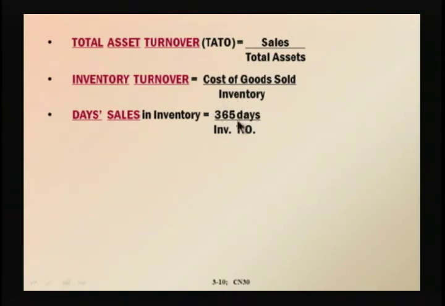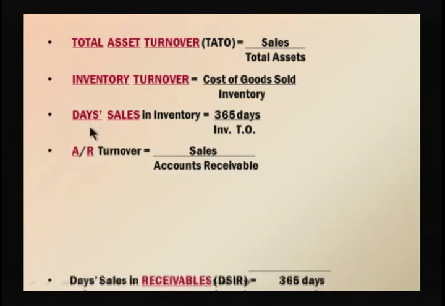Take the 365 days in a year, divide by an inventory turnover of 12 times per year, and the days sales in inventory would be about 30 days. If you turn the inventory over 12 times, you would turn the inventory over about every 30 days. You would have about 30 days worth of sales in your inventory.